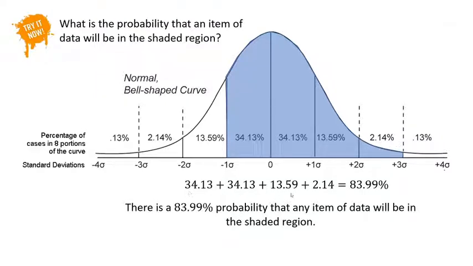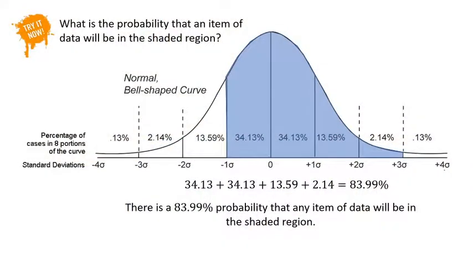So we're adding up the percent areas underneath the curve in each one of these 4 sections, and we're getting 83.99%. So yeah, just under 84% of the area of the curve is within that blue area. There is an 84% probability that any piece of data is going to be located somewhere between 1 standard deviation below the mean and 3 standard deviations above the mean.